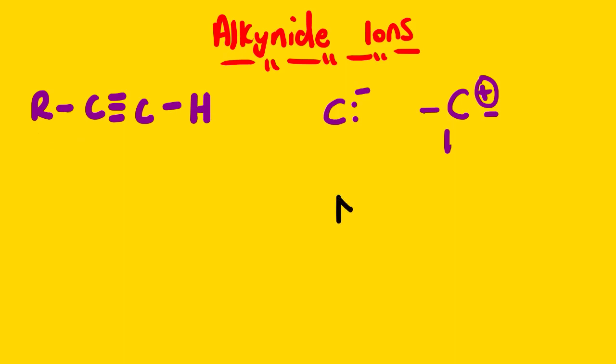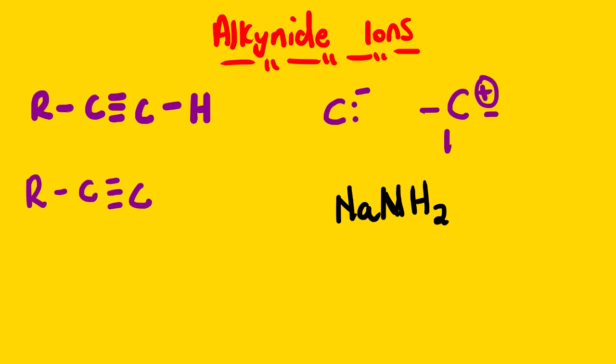The most common strong base is sodium amide. It's NaNH2. So if we remove this, we are going to have an alkynide like this. So this is no longer an alkyne, but an alkynide ion.